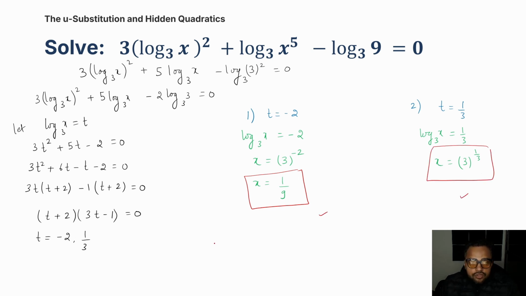Okay, so these two solutions are possible. So you came to know how we need to substitute log x base 3 and how we need to convert it into the quadratic expression. So this is the major challenge here, student, which students face. So let's move ahead.